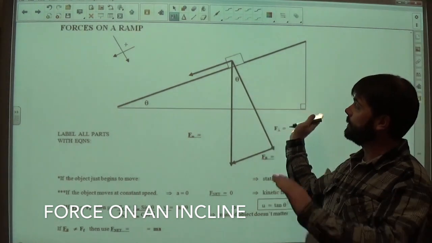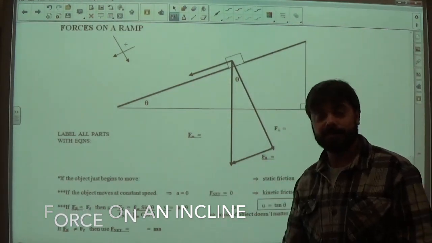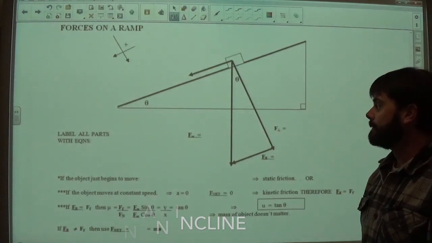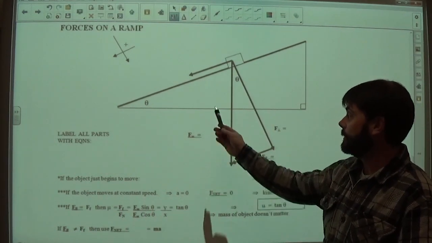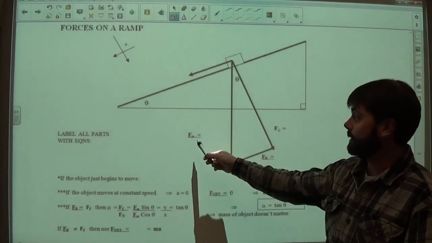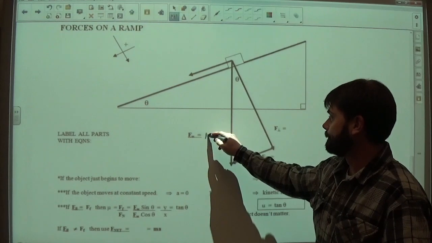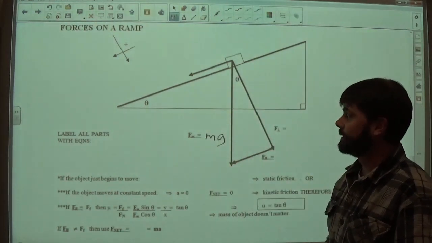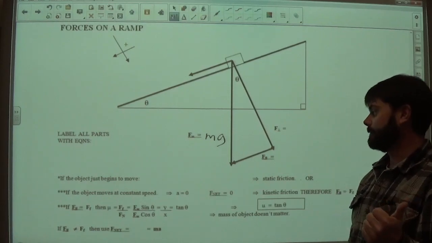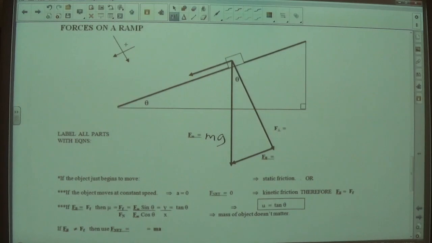So what we end up doing is, if you have something sitting on an incline, we got to use a little bit of the trigonometry that we've been learning to try to figure out some of these forces and some of these vectors. So you'll see that the hypotenuse of this triangle is equal to F_w, which is always going to be the same as mg. So whatever the mass of the block is multiplied by the acceleration of gravity, that's basically what we got there.